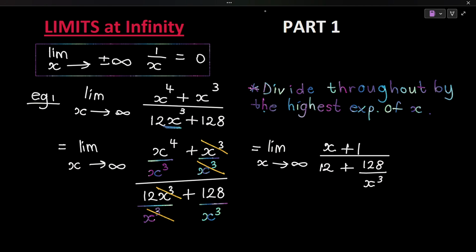It doesn't have to just be 1 over x. It could be 1 over x squared, 1 over x cubed. In this case, we have 128 over x cubed. So we are now going to make use of this limit. And we immediately know that when we take this infinity and substitute in place of x, 128 over x cubed is going to give us 0.